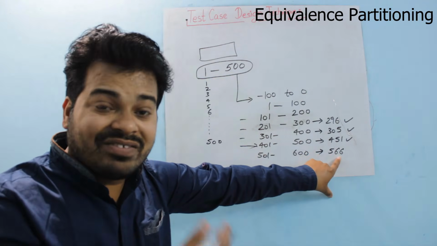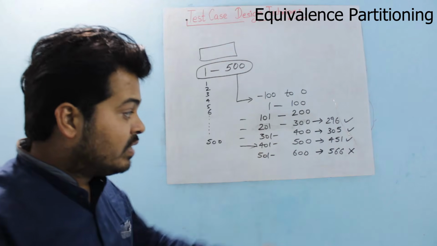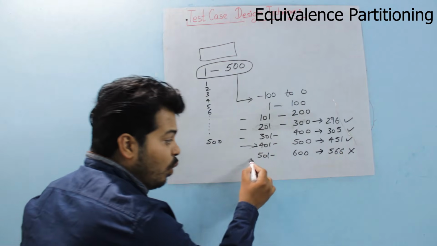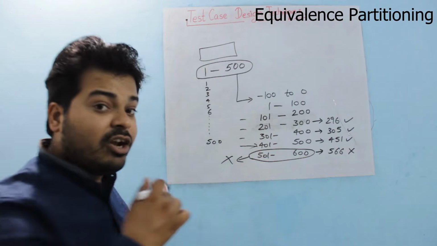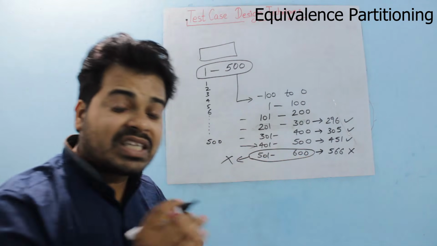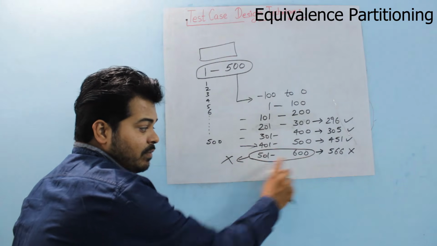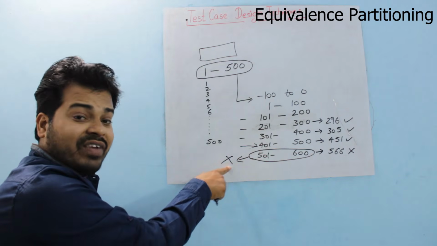When your 566 is not accepting, it means that the whole class got failed. None of the values from this class, from 501 to 600, it will allow.